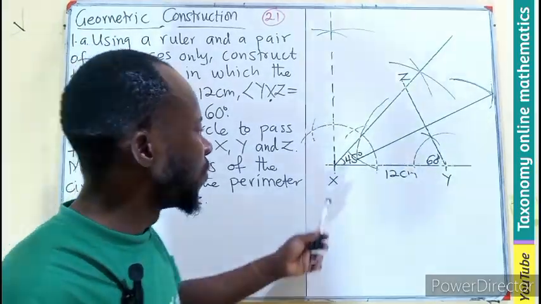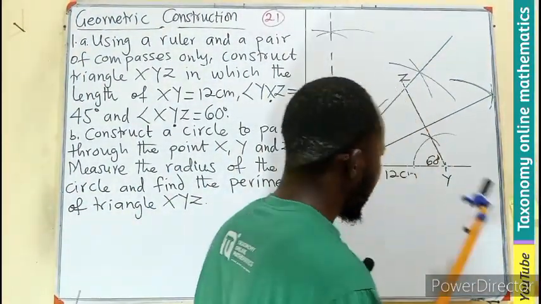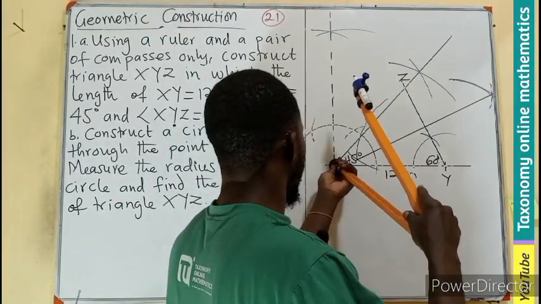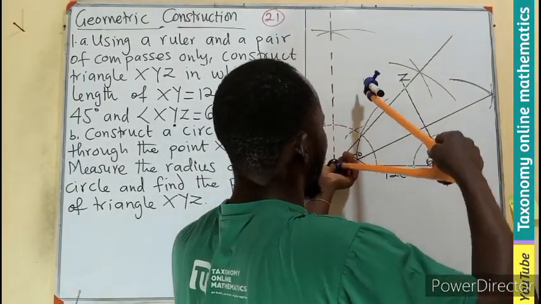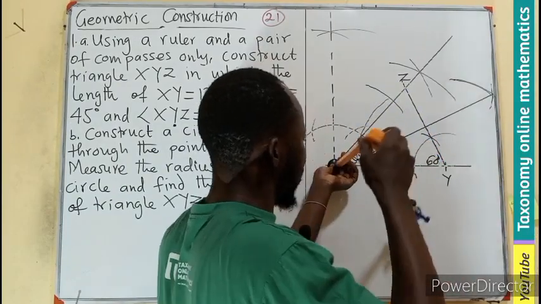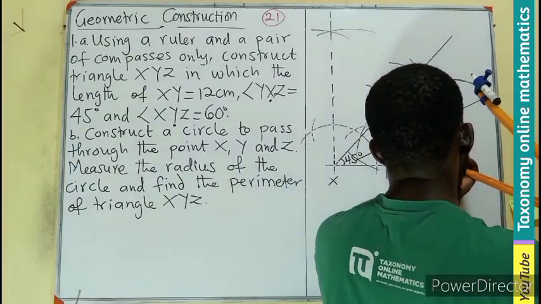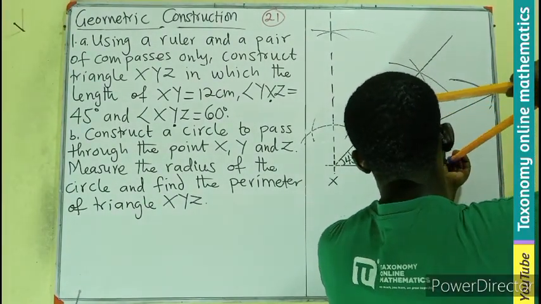Let's do the same for XY. So I stand here, open the radius above, then I go back to X and Y and intersect that.